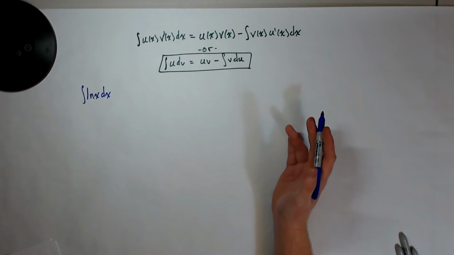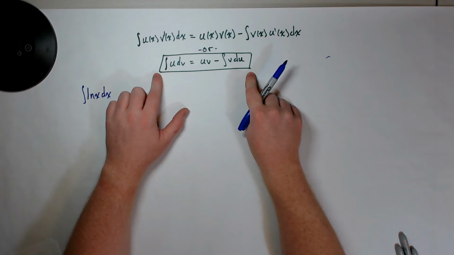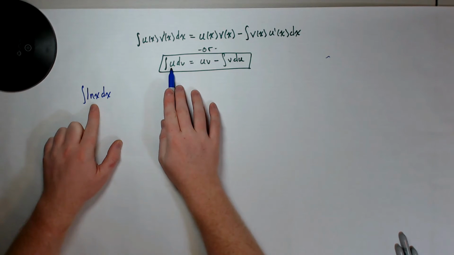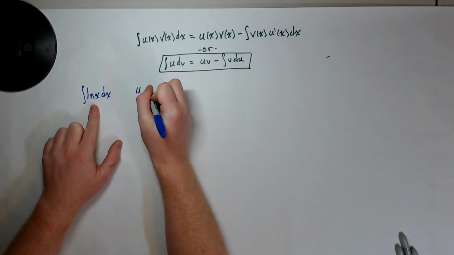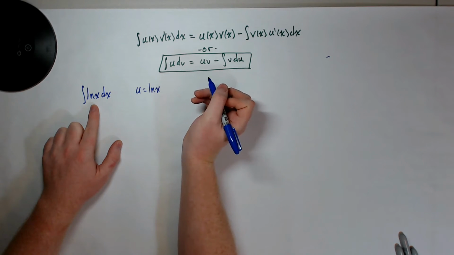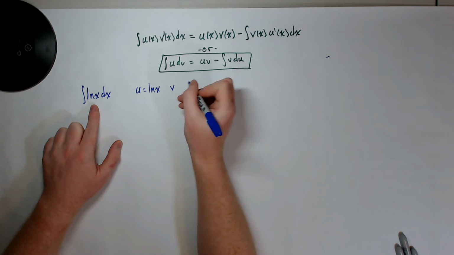At the top of my paper, I've written the more formal definition of integration by parts. We usually use u's and v's. So I want to choose something for u to be, and I want to choose something for dv to be. In this example, let's let u be the natural log of x, and let dv be equal to dx.